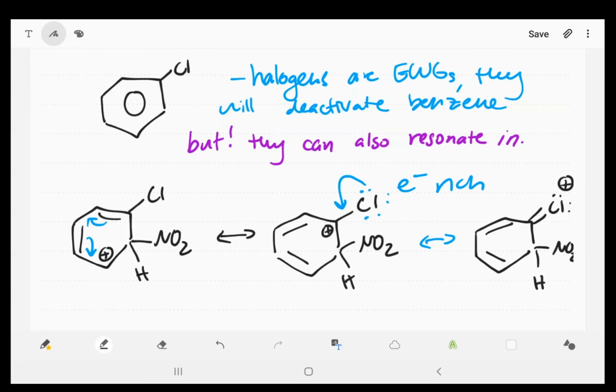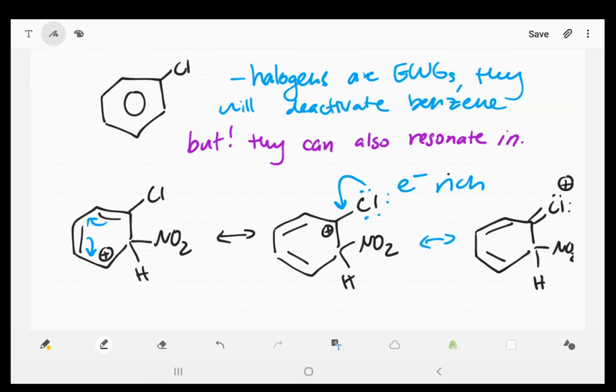So because this is electron rich, it can resonate in a little bit and help out to stabilize that positive charge. And so we're going to see that when things go to the ortho or para positions, we end up stabilizing our sigma complex with a halogen.